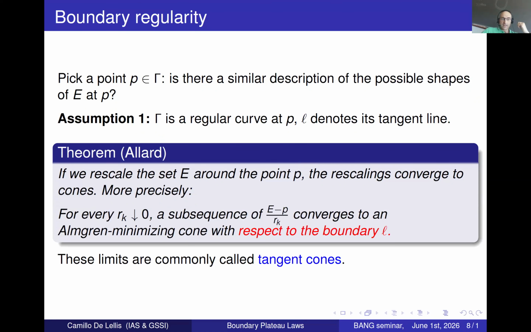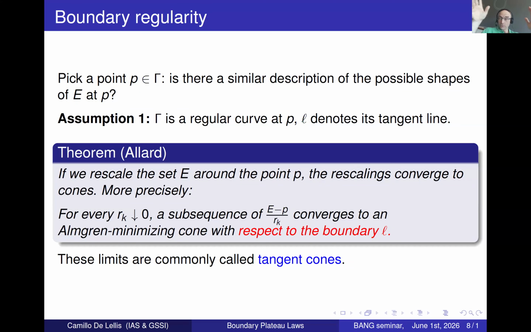More precisely, if I take any sequence of radii r_k going to 0, I move the point P to the origin by making a translation, and then I apply a homothety of scaling, which is the inverse of r_k, in such a way that a small ball of radius r_k will be zoomed into a ball of radius 1. Then, up to subsequences, I am converging to an area minimizing surface or closed set, which is a cone.